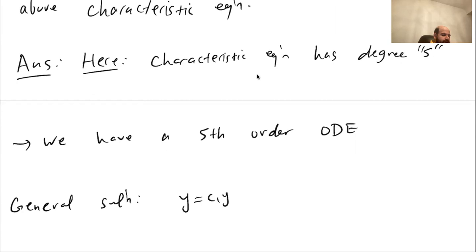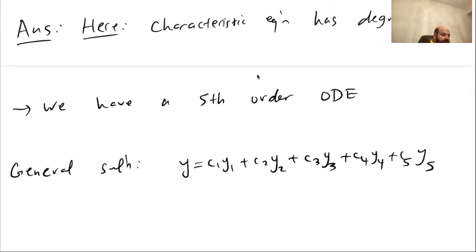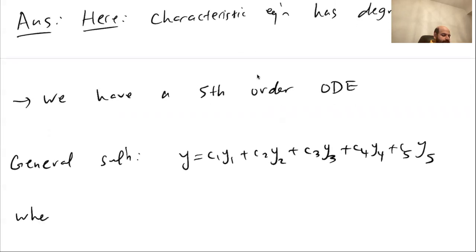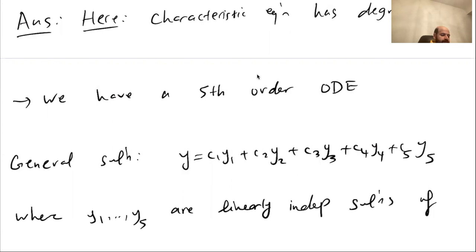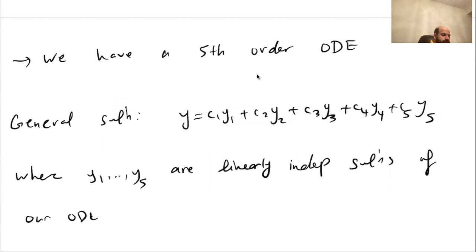So the general solution will be y equals C1 y1 plus C2 y2 plus C3 y3 plus C4 y4 plus C5 y5, where y1 to y5 are linearly independent solutions of our ODE. So we just need to find y1 to y5, and then the general solution is C1 y1 all the way to C5 y5.